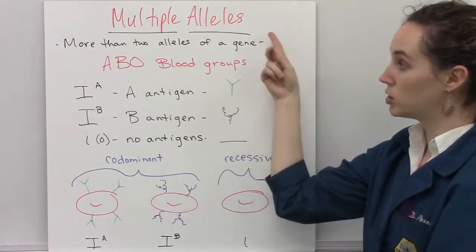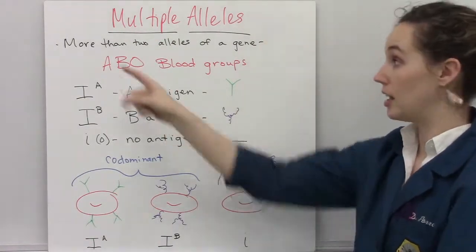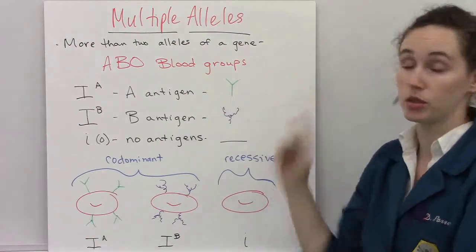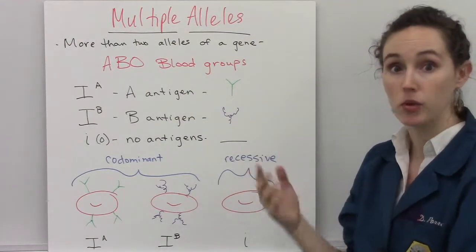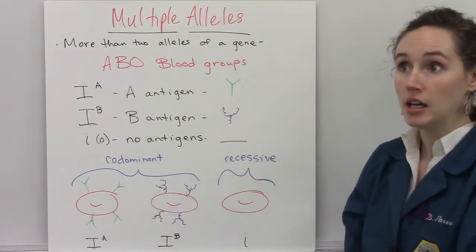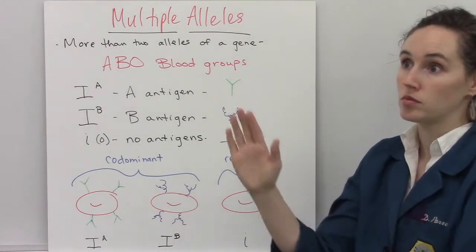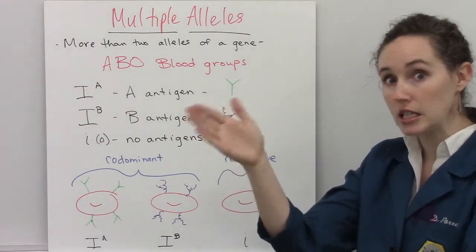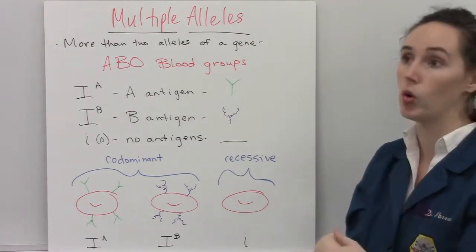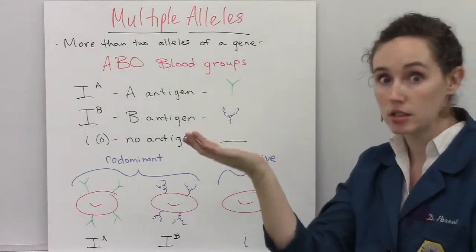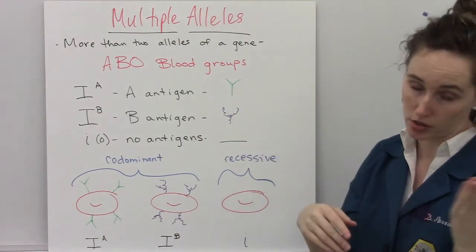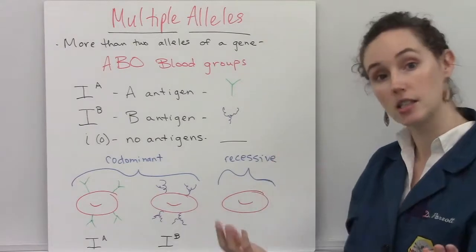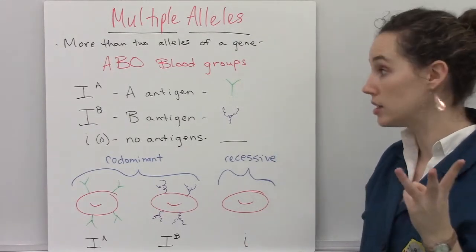When we're looking at multiple alleles, what that means is that there are more than 2 alleles for a gene. Up to now, we've been looking at alleles like sickle-shaped allele versus normal, or functioning tyrosinase versus non-functioning. So there's only 2. But in this case, there are actually 3 alleles.